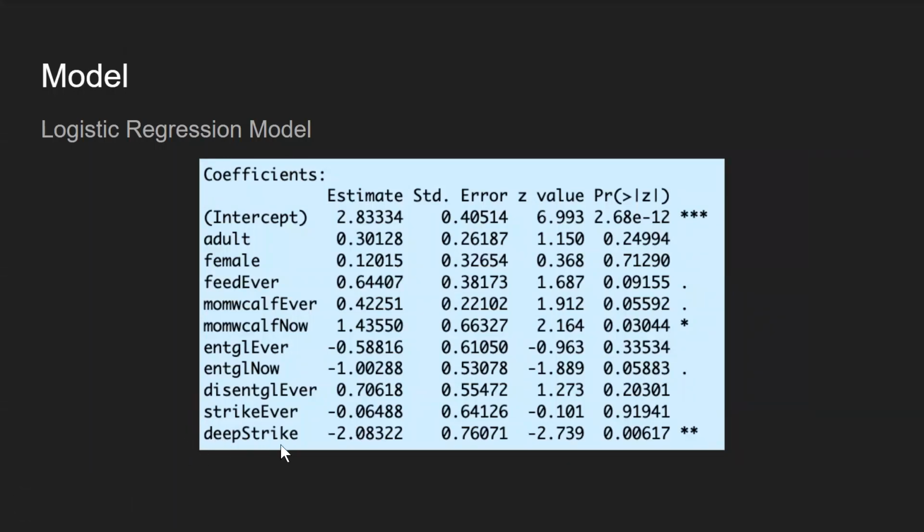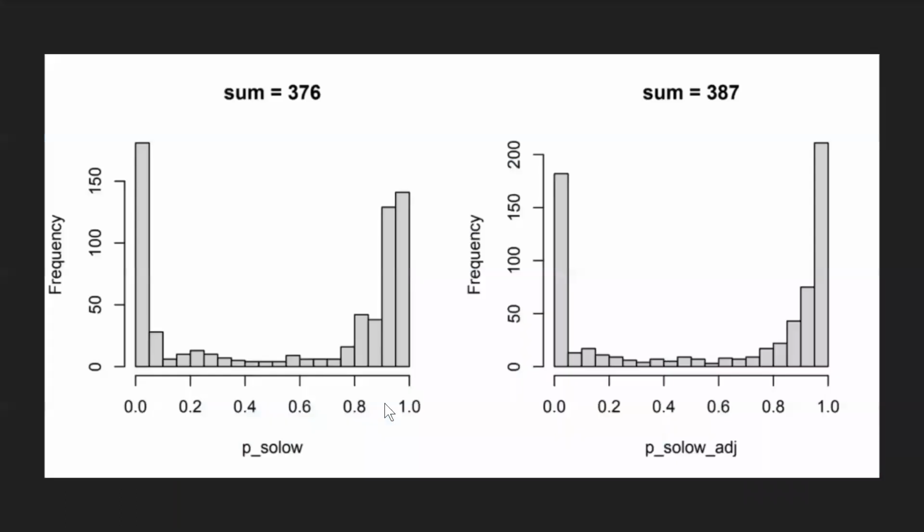Strike ever means whether this whale was ever struck by a vessel, and deep strike tells us whether that strike was a deep one, because there are three categories for strikes: deep, superficial, and shallow. And you can see how deep strike has a negative impact, with the negative 2.08 coefficient. So this is the model that we used in order to adjust the initial probabilities.